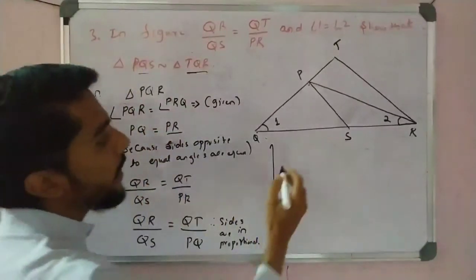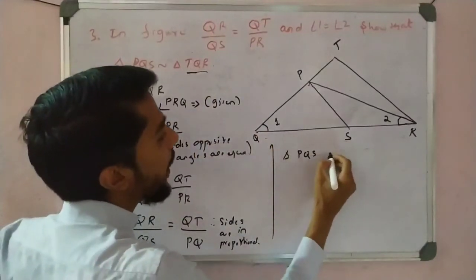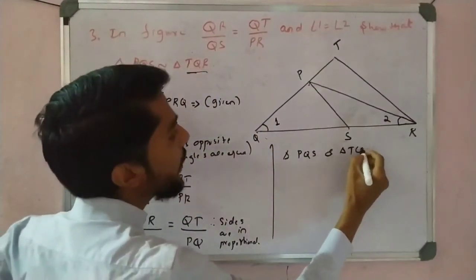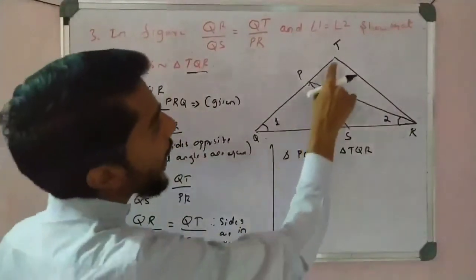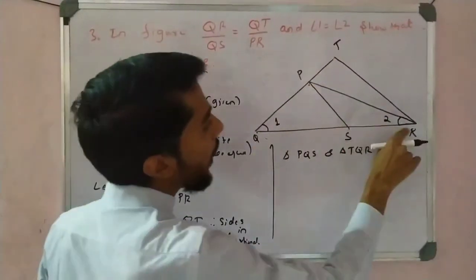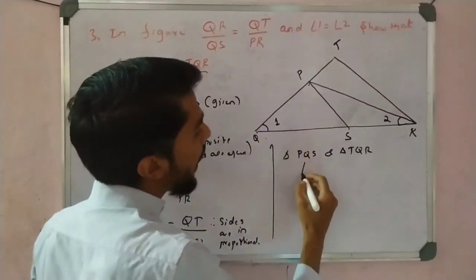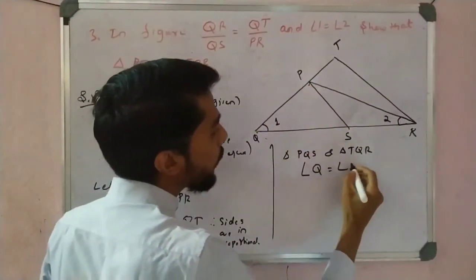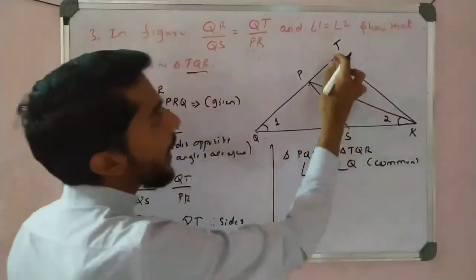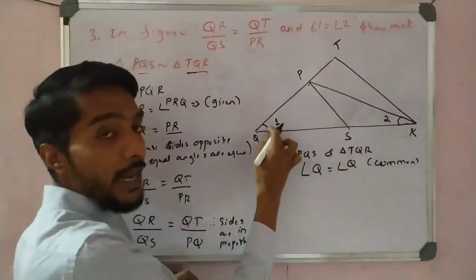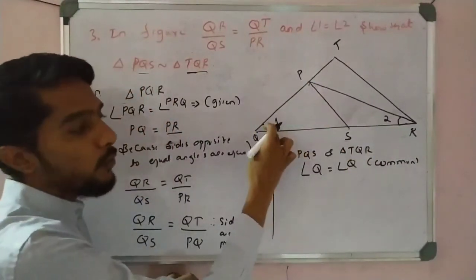Now let us see triangle PQS and triangle TQR. Two sides are proportional. Now in angle TQR and angle PQS, what happened here? Angle Q equal to angle Q, because both share a common angle. Angle TQR also contains angle Q, and PQS also contains angle Q. So the angle is common.